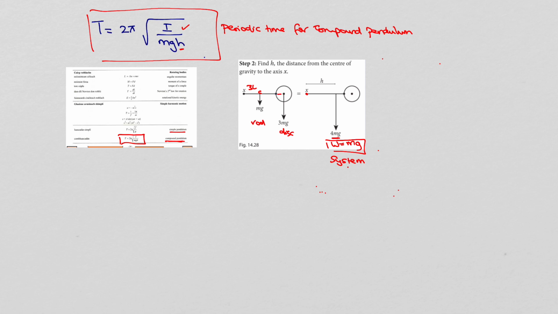And its distance is L plus 6L, which is of course 7L. Okay, so the distance from the centre of gravity of the rod to the axis point is 3L. The distance from the centre of gravity of the disc to the axis point is 7L. And the distance from the centre of gravity of the whole system is h, which is what we're going to try and find.